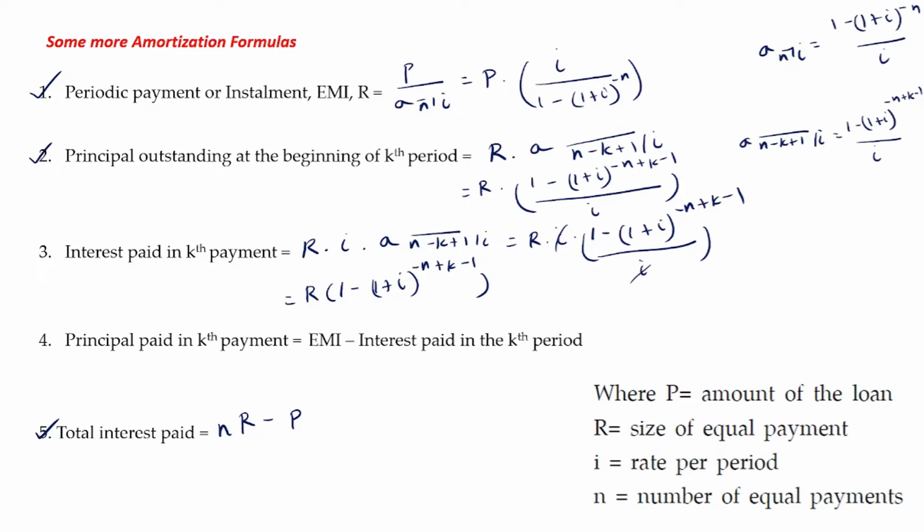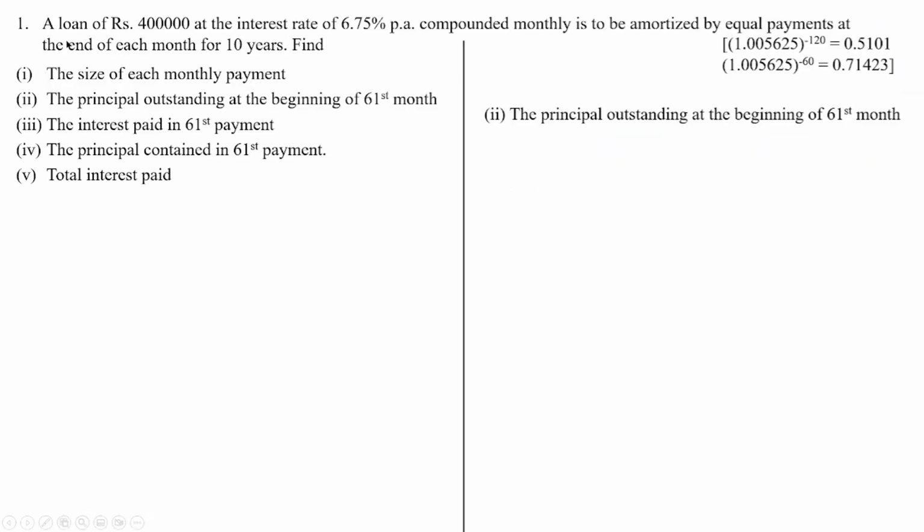Now let us solve a problem where we have to use all these formulae. This problem I have taken from Applied Mathematics by M.L. Agarwal. A loan of rupees 4 lakh at interest rate of 6.75% per annum, compounded monthly, is to be amortized by equal payments at the end of each month for 10 years.